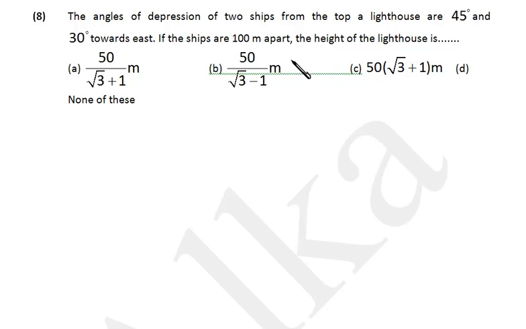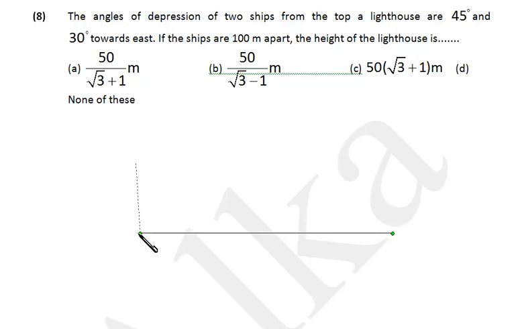Now the angle of depression of two ships from top of a lighthouse are 45 and 30 degree towards east. If the ships are 100 meter apart, the height of the lighthouse. Now in this case what is happening? Both the ships are on the same side. Okay, so this is suppose the basic line.